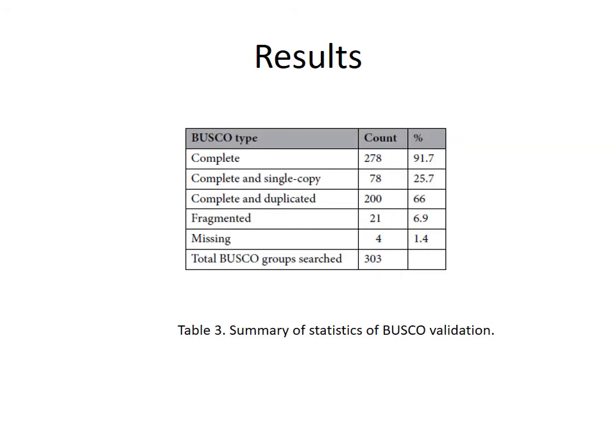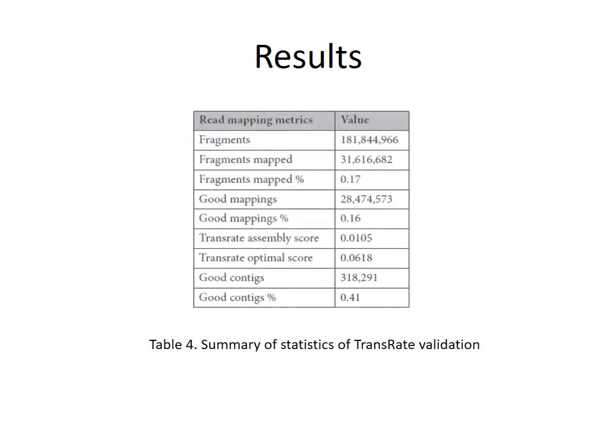Table 3 shows the summary of statistics of BUSCO validation, where 91.7% of the transcriptome were complete orthologs, and this implies a good quality assembly. Table 4 shows the summary of statistics of the TransRate validation, where a low percentage of good mapping was obtained, implying a low quality assembly.